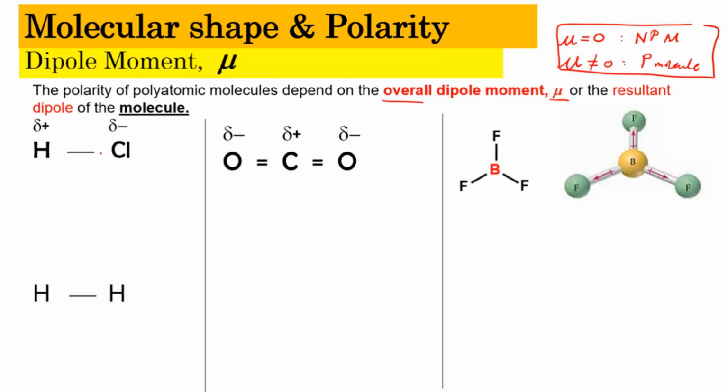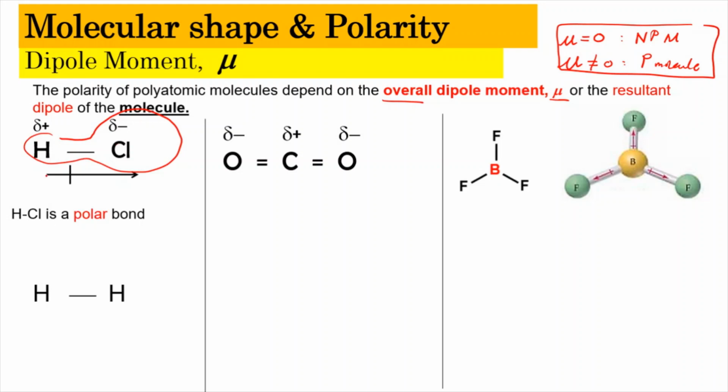So now let's say we have hydrochloric acid, the HCl molecule. You know that chlorine has a higher electronegativity, so it will pull more electron density towards itself. So the bond dipole will be created from hydrogen to chlorine, as if the electron density is more towards the chlorine.